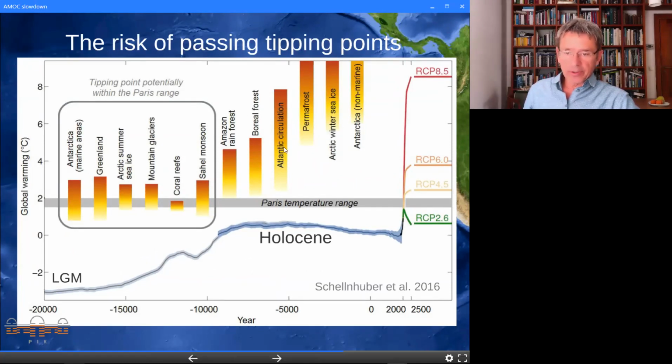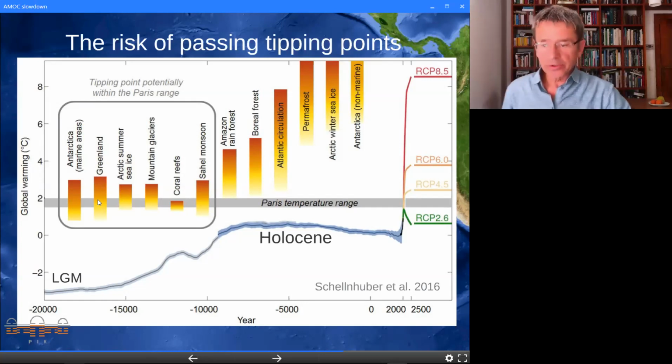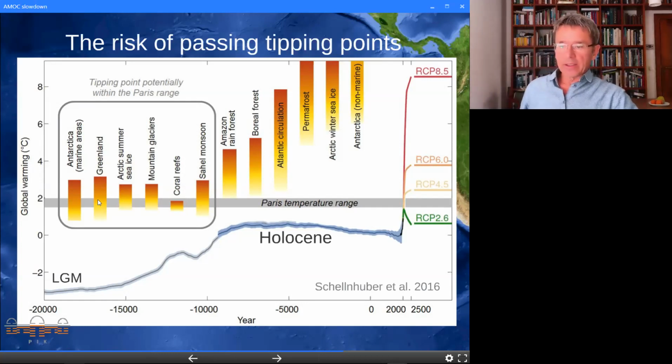There is this risk of the Atlantic Ocean circulation breaking down. There are several tipping points much closer to home, even within the Paris range. Antarctic ice loss, the West Antarctic ice sheet, Greenland tipping point could be even below 2 degrees, as the work by Reinhard Calov and Andrey Ganopolski has shown, sea ice loss in the Arctic, etc.